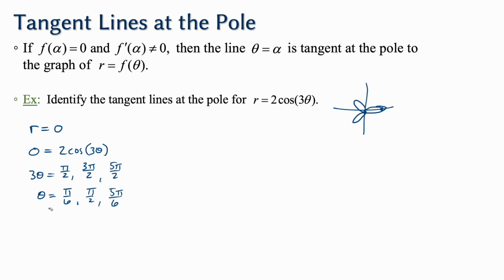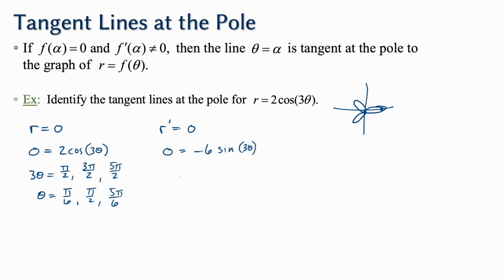Now, before I say, hey, these are the places where that's going to happen, I got to double check that the derivative of r doesn't equal 0 at these points either, because that can't happen. We have to be at the pole but not have the derivative equal 0. So now we're going to check r prime equals 0 and see if there's any overlap. Now, the derivative is going to be a chain rule here. So we got -6 sine 3 theta.